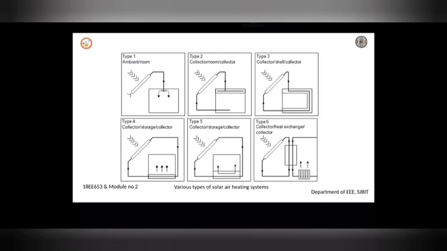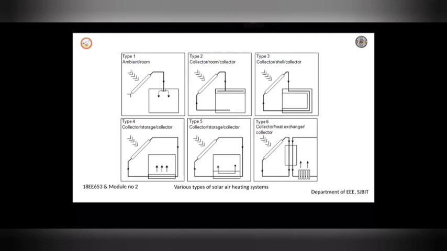However, this type is used very rarely because the investment cost will be very high. I need some additional equipment so that whenever I require the heat I can release it, and take it back to the storage part. Hence the cost will be high in type 5.